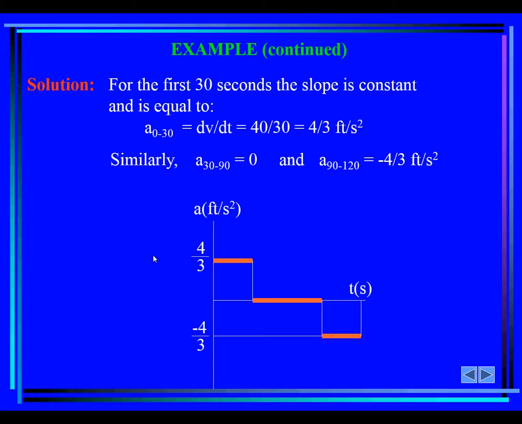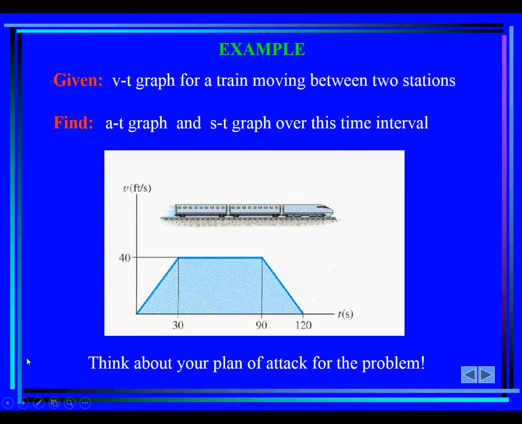So for the first 30 seconds, the slope is constant and is equal to dv/dt, which would be 40 over 30. See, this is this section right here. 40 over 30 would be, like, 1 point something, the slope of this curve.